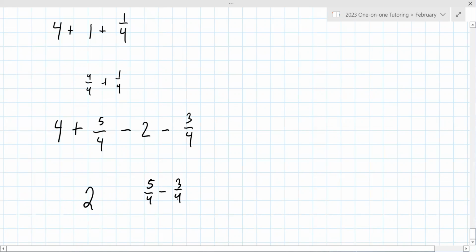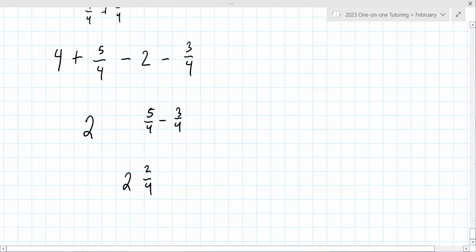You're going to subtract those fractions. What does that become? 2 over 4. Okay, so this becomes 2 and 2 over 4. Good. Any questions on that? No. Okay, let's try another one here.